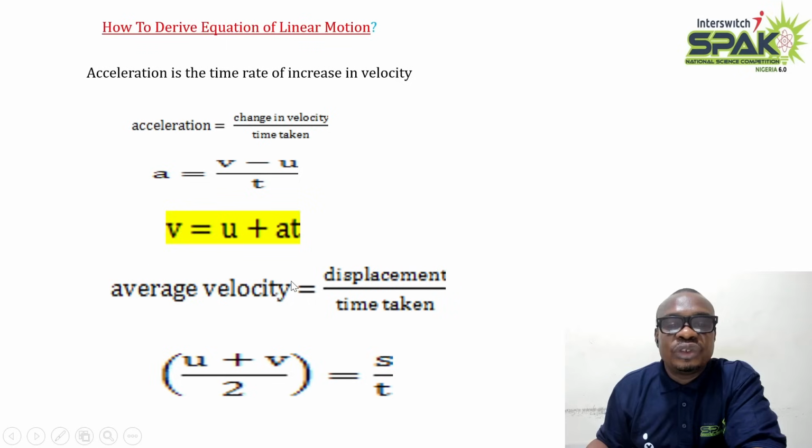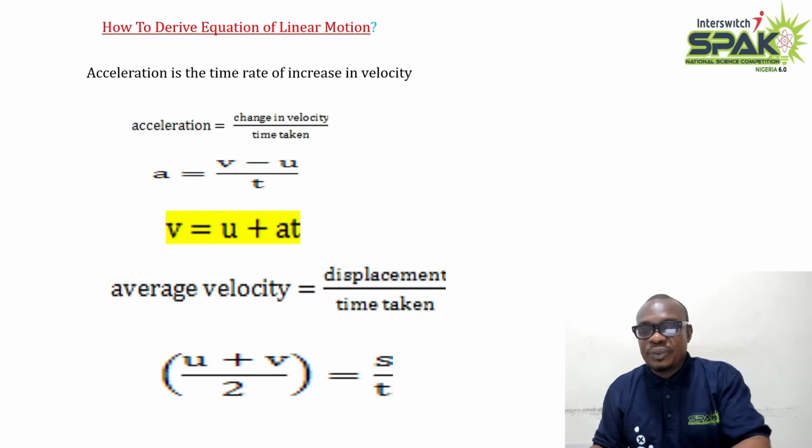Okay, this is it: 2ut plus at squared. When you use t to open up the bracket, all over 2. Then you cross multiply, 2s equal to 2ut plus at squared. Divide all through by 2, then your final equation here is s equal to ut plus half at squared.